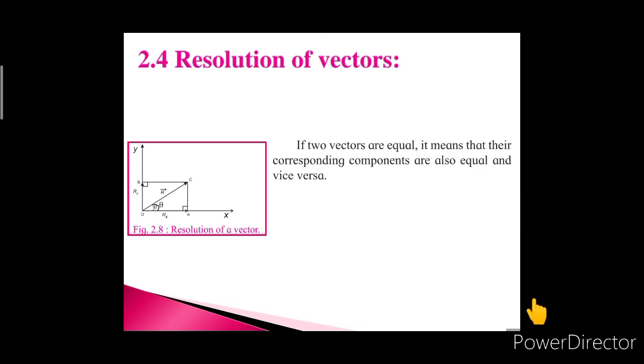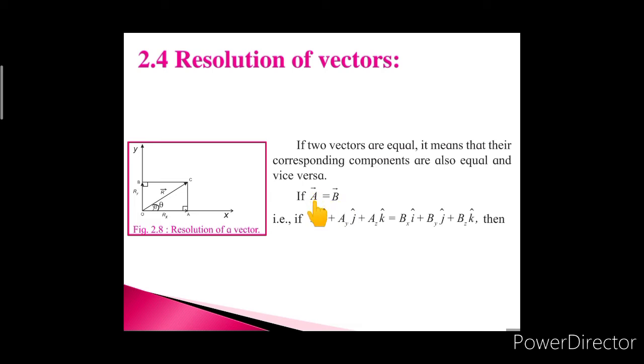If two vectors are equal, it means that their corresponding components are also equal. For example, two vectors, vector A and vector B, are given, and these two vectors are equal.